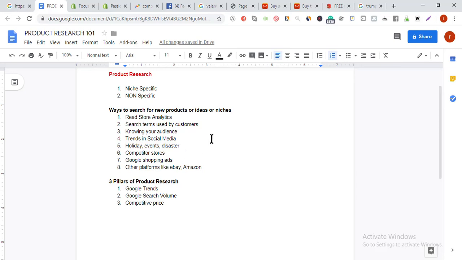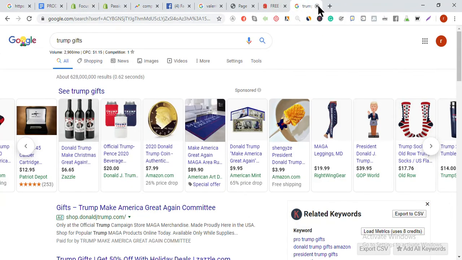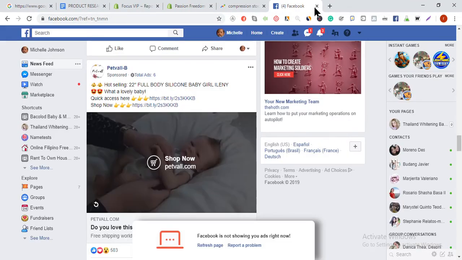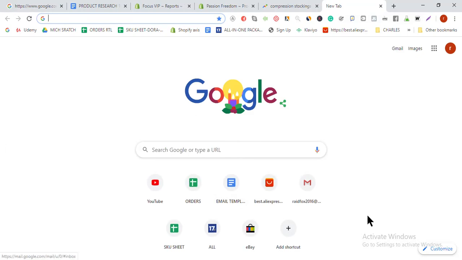Let's do the competitor stores. For competitor stores, there's always a way to get to them. Let's just close these ones for now. You can go to social media as well to check the competitor stores, but you can also just check it from here.